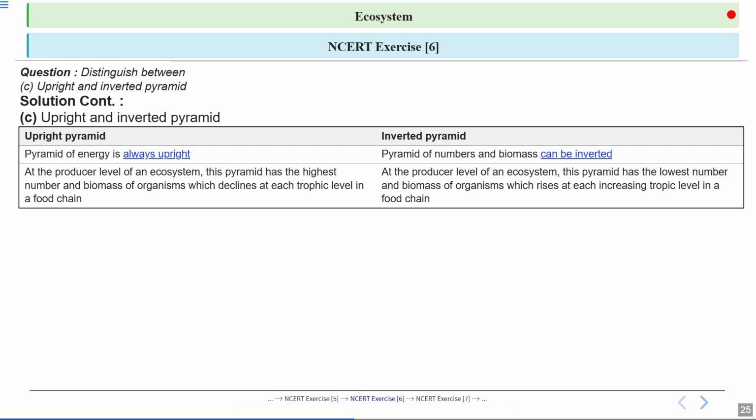Okay, here. So here you can see inverted pyramids. You should know the examples in which cases the pyramid of number and pyramid of biomass is inverted. So here you will see the first trophic level in the case of an inverted pyramid is very narrow, and as you move upwards, these trophic levels become wider and wider.